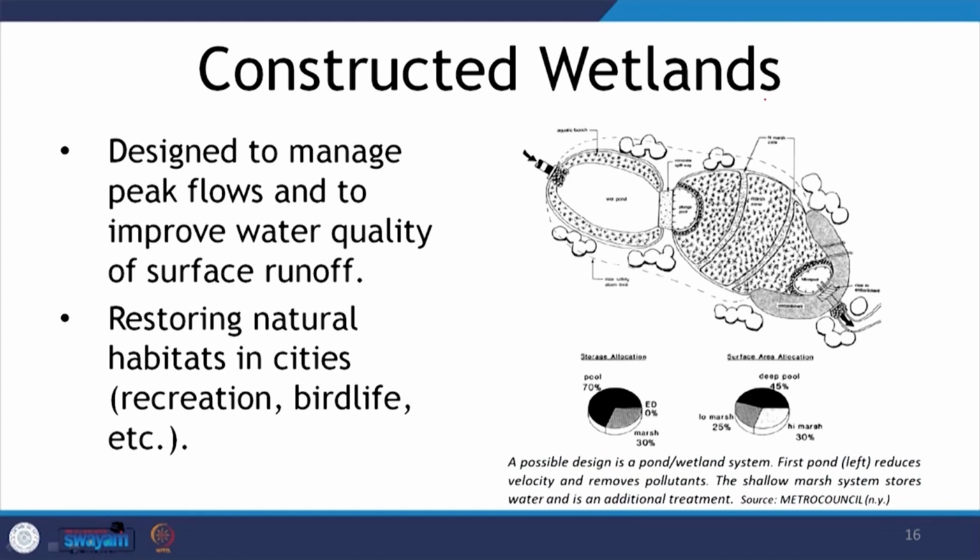The next design strategy is constructed wetland. There are naturally occurring wetlands which we can preserve and retain if we are retaining the natural topography, but there is also the constructed wetland.